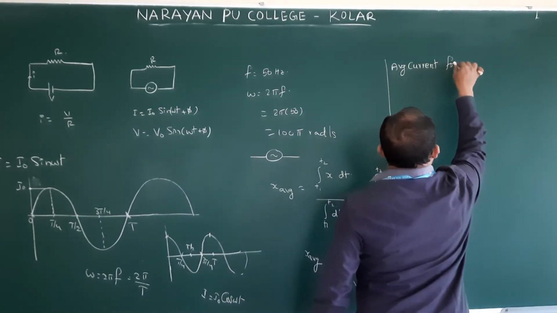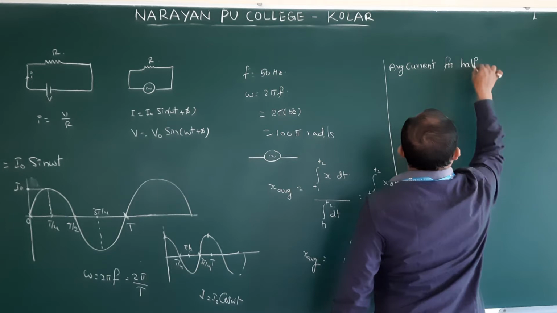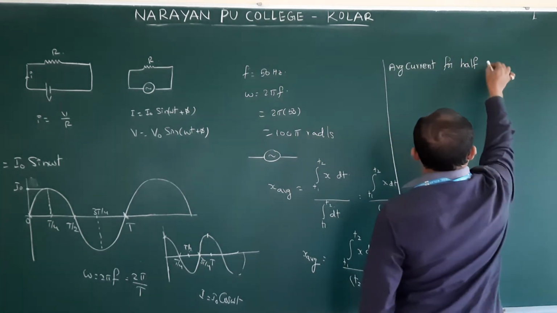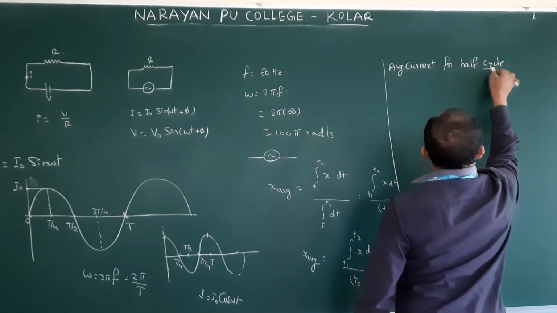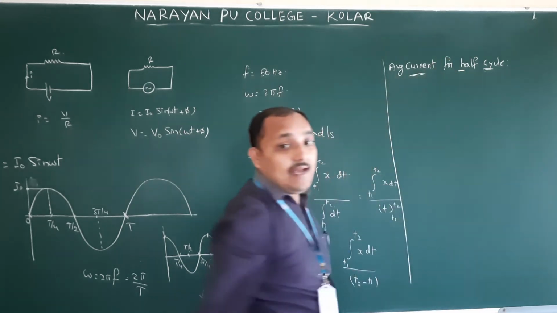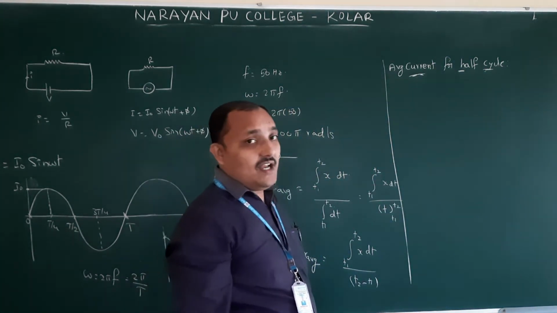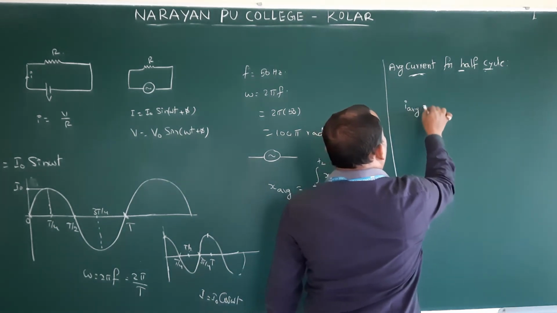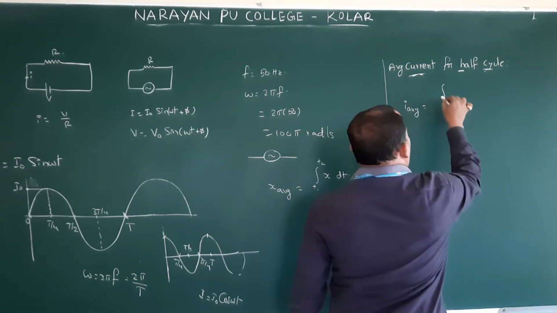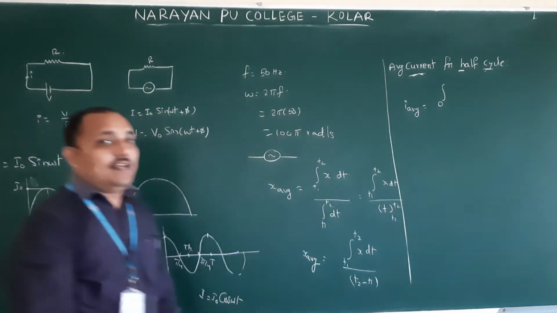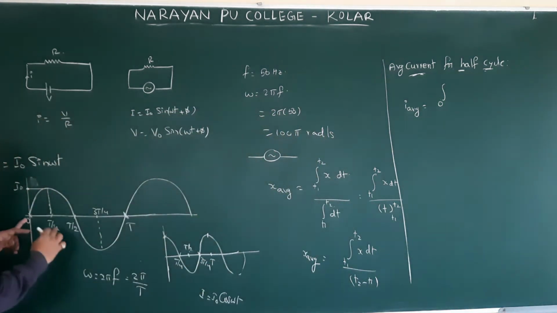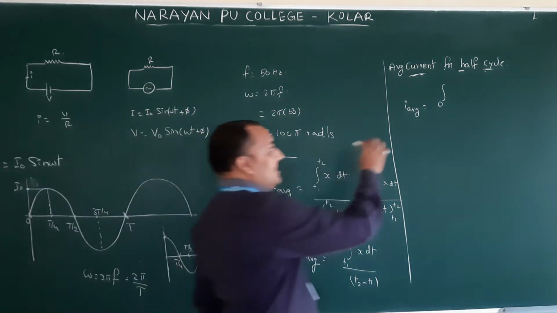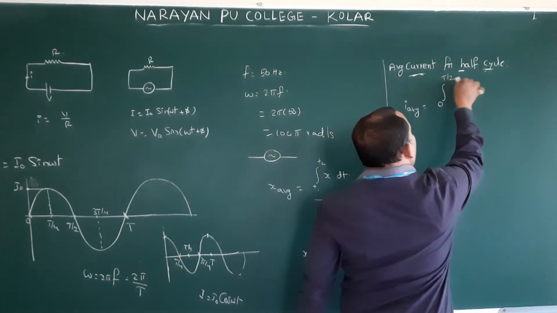Average current for half cycle: I average is equal to, with time varying from T1 to T2, here 0 to T by 2.